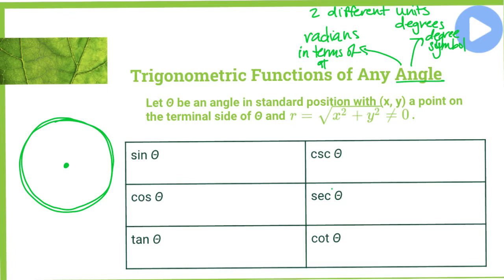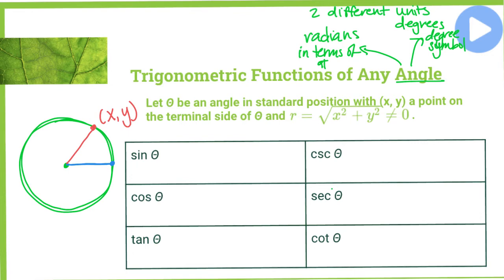We're going to have an initial side, which is right here. It's always right here, your positive x-axis. And then we're going to have a terminal side, and that can fall anywhere on the circle. For now, I'm just going to have my terminal side fall in quadrant 1. And that is going to be x, y, because that falls on the coordinate plane, and on the coordinate plane, points are listed in an ordered pair.